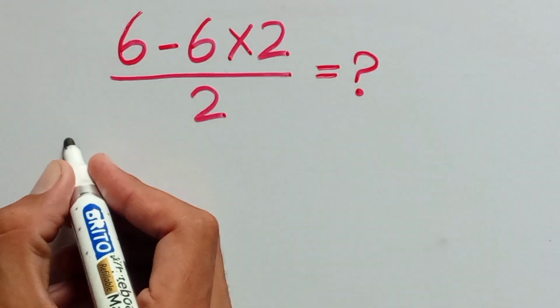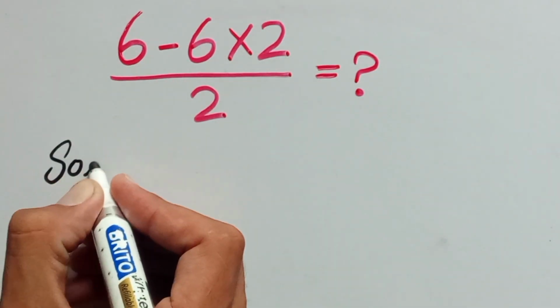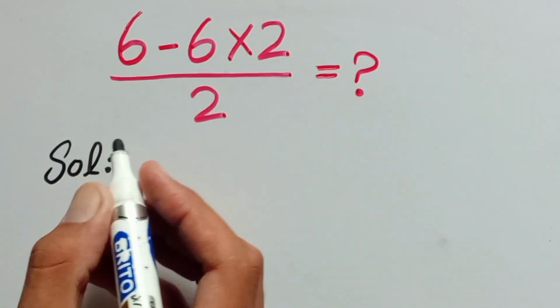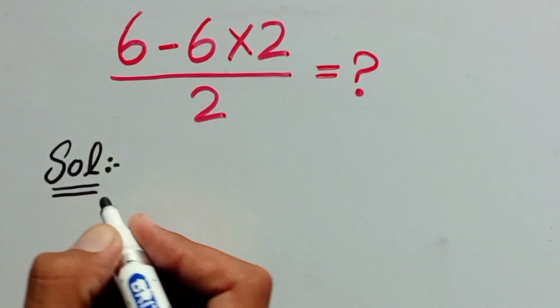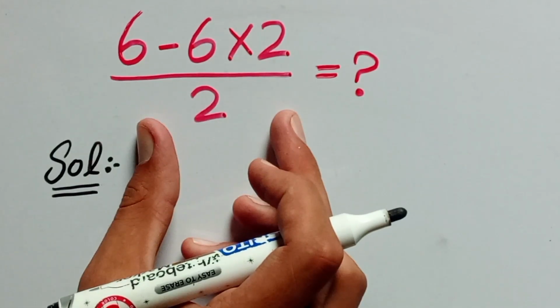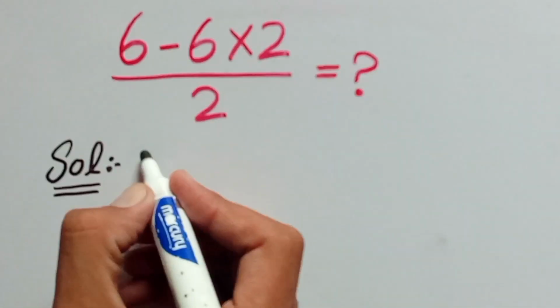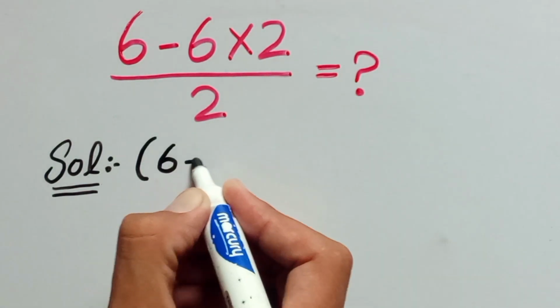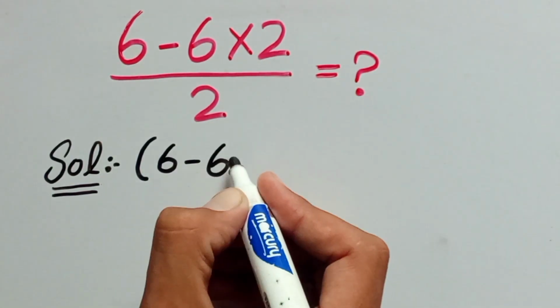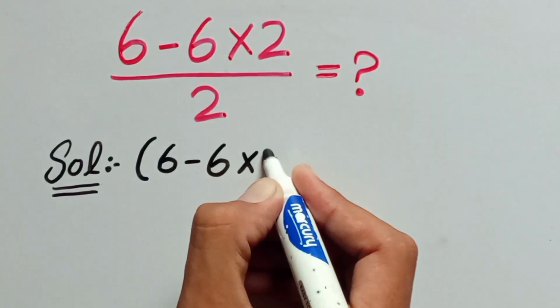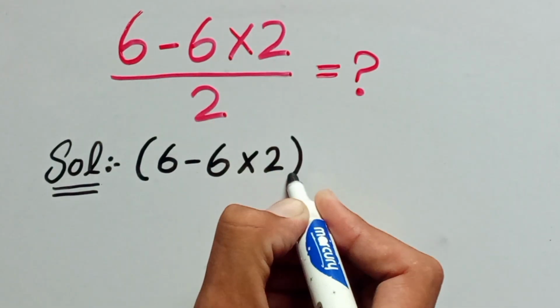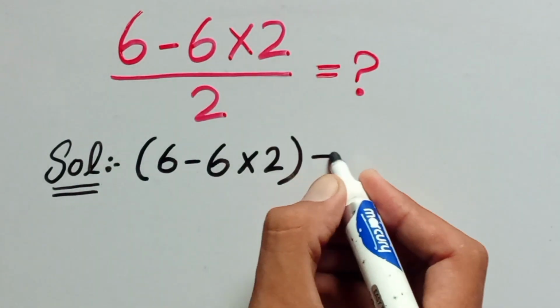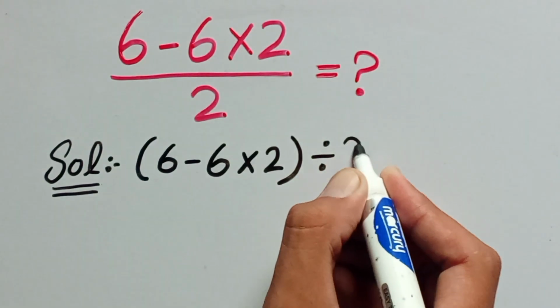So guys, our solution is: first of all guys, I can write this question in this form: parentheses 6 minus 6 times 2 close parentheses divided by 2.